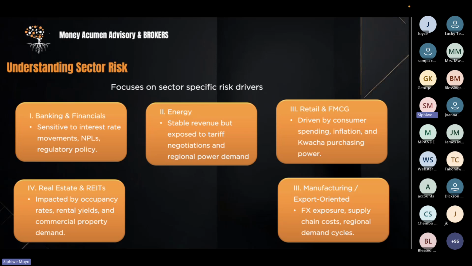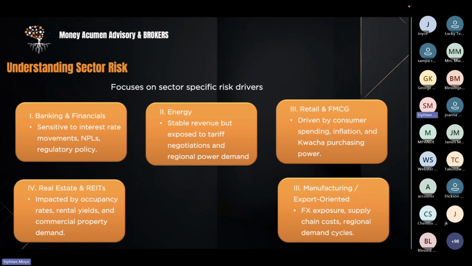Looking at the energy sector, energy companies are relatively defensive due to long-term supply agreements. However, they are also exposed to tariff negotiations, infrastructure reliability, and regional demand cycles, which can have an impact on performance, and then it trickles down to profits and how the dividends will be structured.